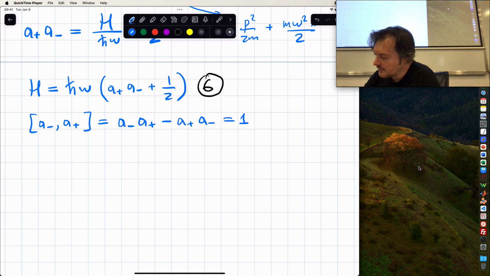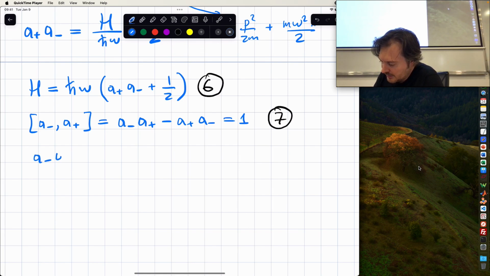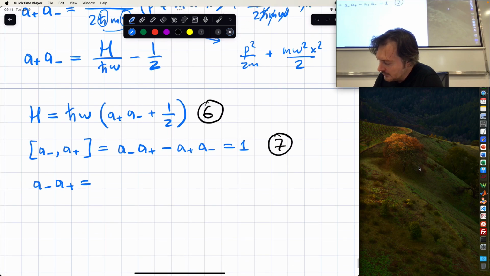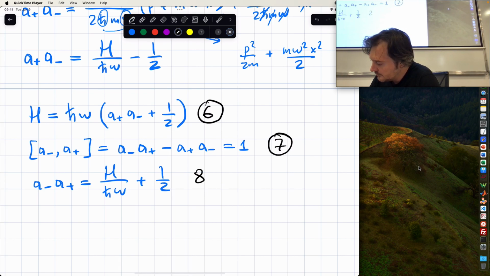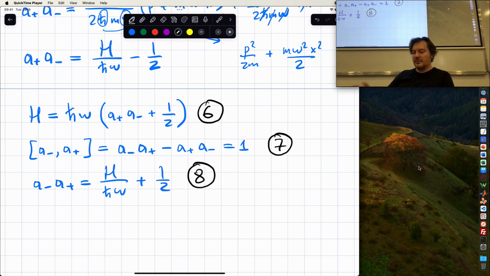So this is equation number 7, and equation number 8 is not that important actually. A minus A plus is H over h bar omega plus 1/2. That's what we just discussed.